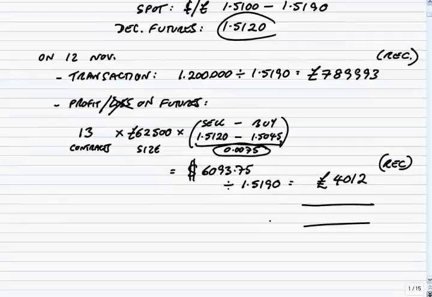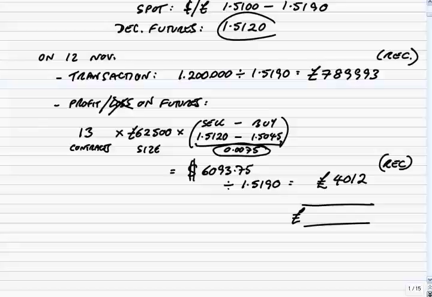The net, the total figure, it is two separate transactions, appreciate, two separate deals, but in total we end up with 789,993 plus 4012. The total, 794,005.